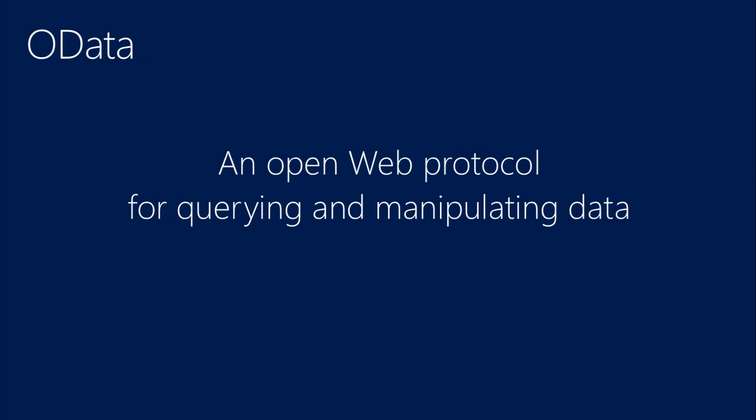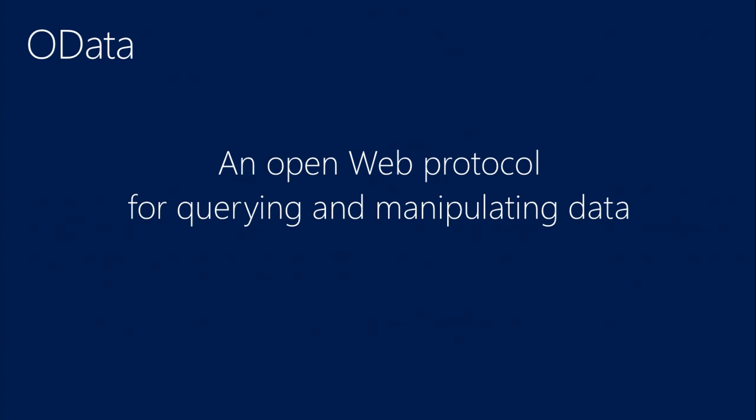Okay, so let's talk about OData. Now I'm assuming that you're here because you've already heard a little bit about OData. You know at least a little bit about it. But if you don't, this is your one-slide tutorial. OData is an open web protocol for querying and manipulating data. It's a web protocol, first of all. That means it's over HTTP.